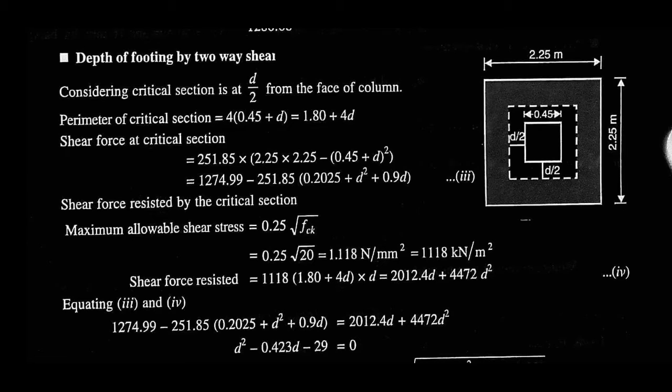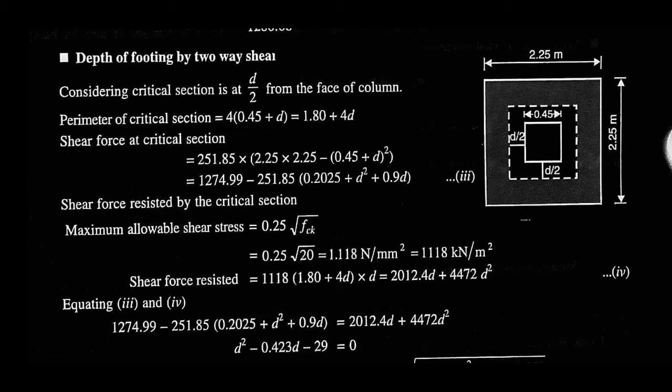Now shear force at critical section is equals to pu, 251.85 into 2.25 into 2.25 minus bracket 0.45 plus d whole square, bracket close, that is equals to 1274.99 minus 251.85 within bracket 0.2025 plus d square plus 0.9 d.